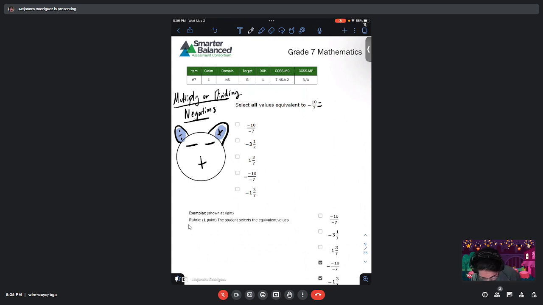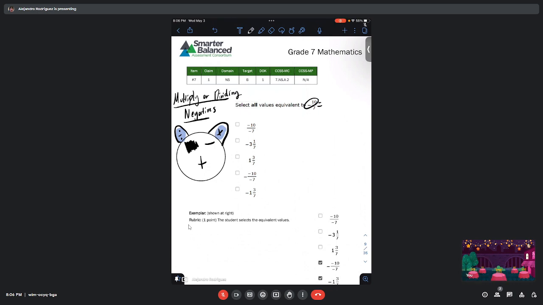So for example, what is -10 divided by 7? Is that going to be positive, or is that going to be negative? Well, we start off by noting that -10 is a negative, so we're going to cross out one of the negatives.